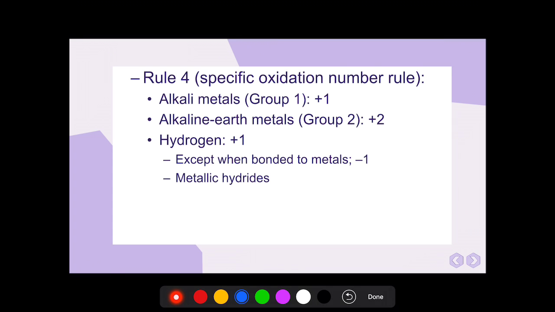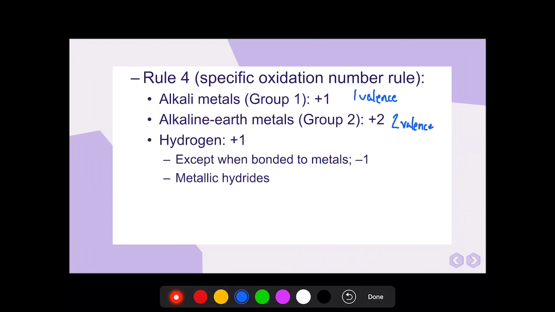Remember what oxidation numbers refer to: the tendency for what elements do when they bond to something. The alkali metals and the alkaline earth metals, if you can recall, this is another way to remember it because we've already talked about this. The alkali metals have 1 valence electron. Also, we know the alkaline earth metals have 2 valence electrons.